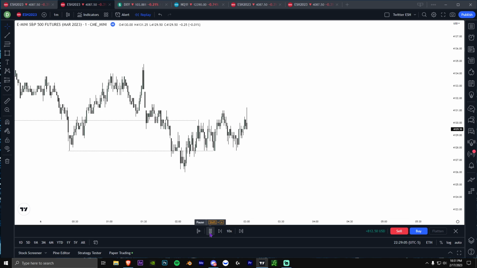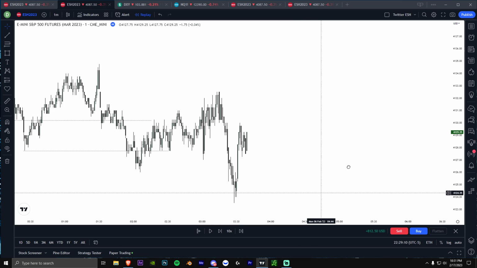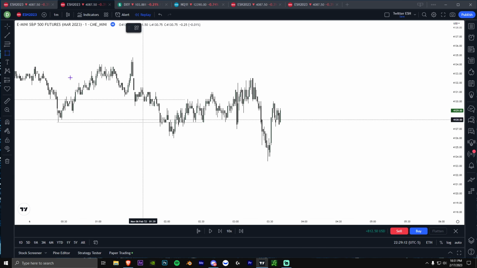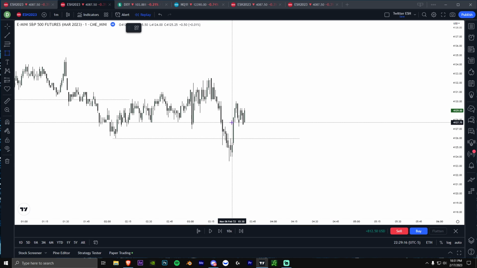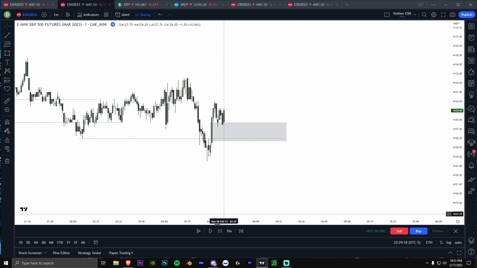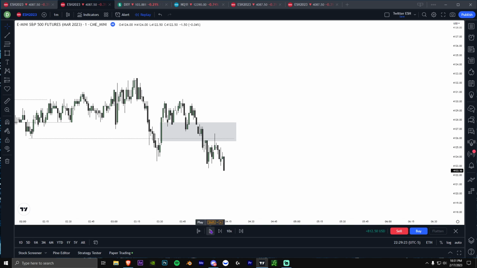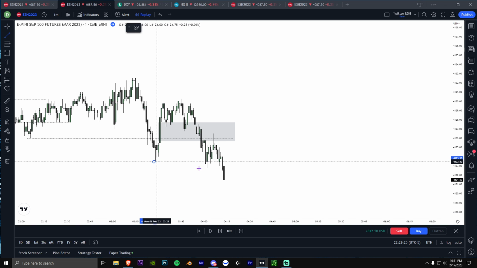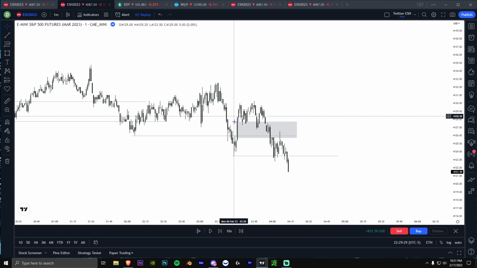All right, here's London open right here. Okay, so we re-hit the lows, and nothing I take. I'd want to see this fair value gap right here hold. I would not long in it though. Okay, so it didn't. Again, not a spot I would take a long, because there's not really any market structure.